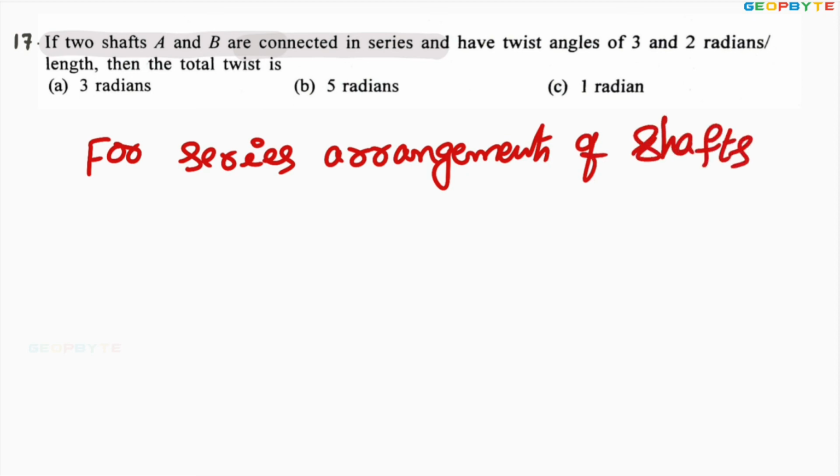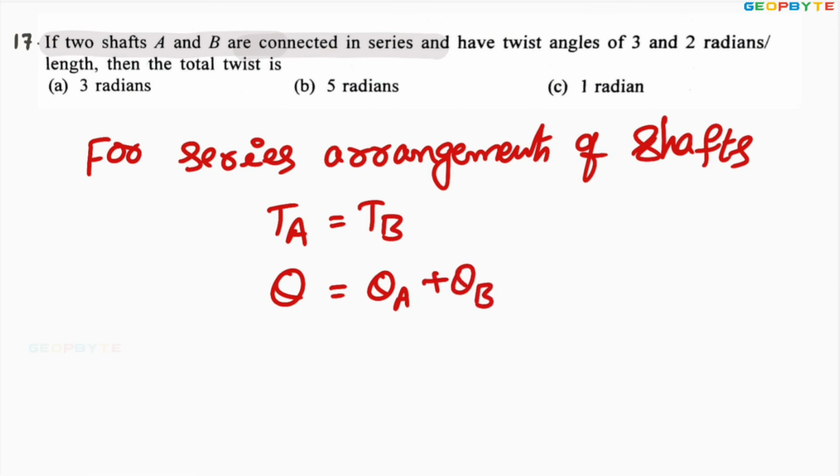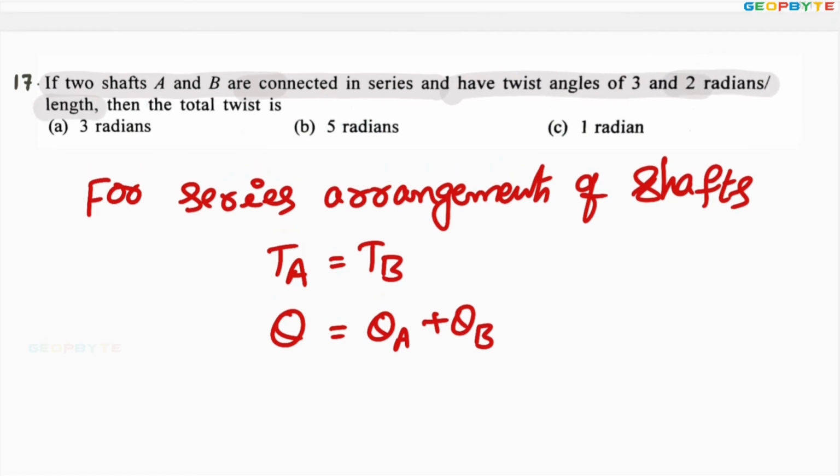For the series arrangement of the shafts, the condition is TA equals TB, but the total angle of twist theta equals theta A plus theta B. The angles of twist given are 3 and 2 radians per length.